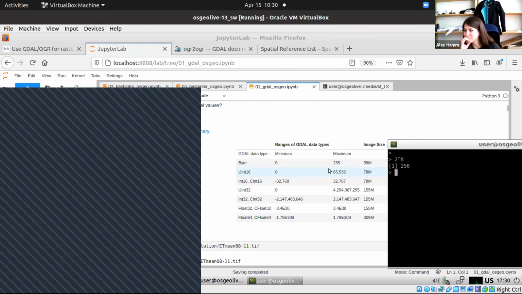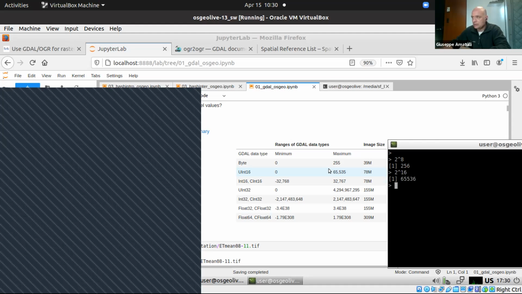Yes, 2 to the power of 8, and then you shift to the 0, and that's why it becomes 255. The same goes for the other one, the 16. Yes, 2 to the power of 16. If you shift halfway to the 0 in the center, you also have negatives, and then you have 2 to the power of 32, and you get this number over here.